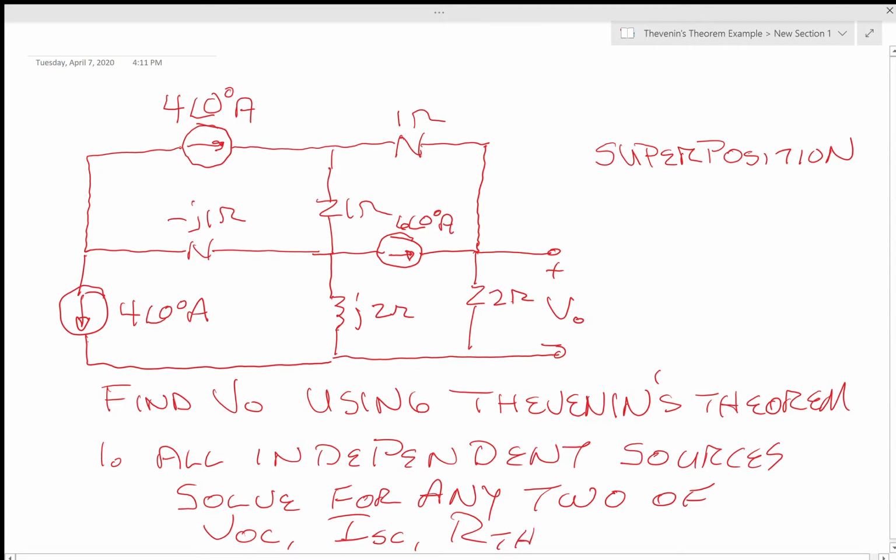Depending on what you solve for, VOC equals ISC times RTH. In this case, really and truly, we're talking about ZTH, but we'll keep it with RTH.